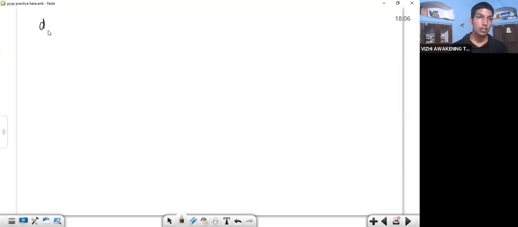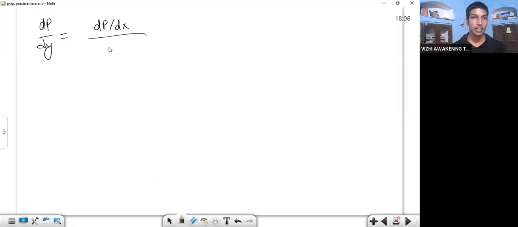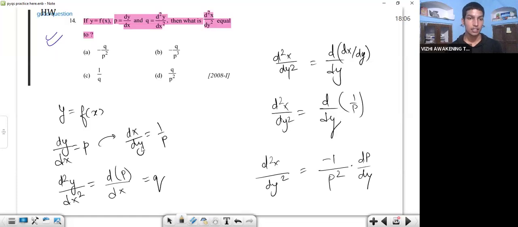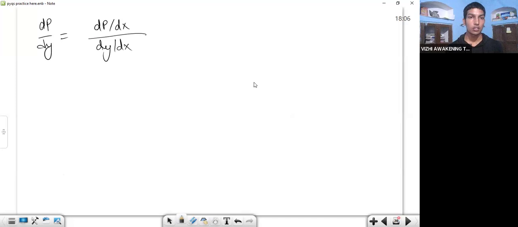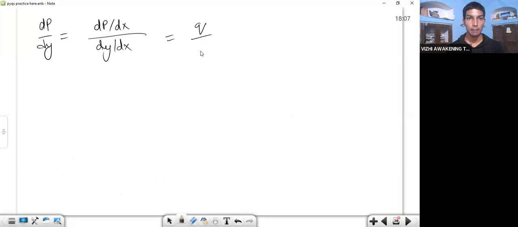We can write dp by dy as dp by dx upon dy by dx, because we have dp by dx and dy by dx in the given statement. Here dp by dx is q and dy by dx is p. So this is q by p. This is dp by dy.